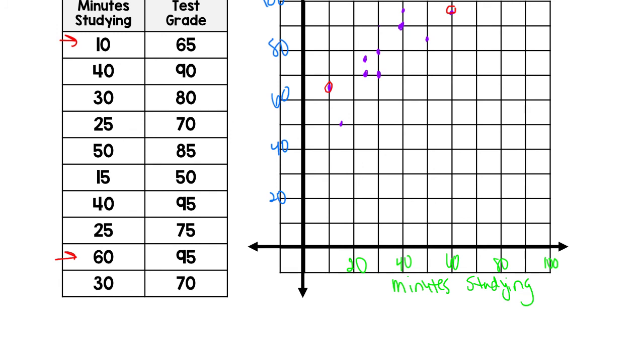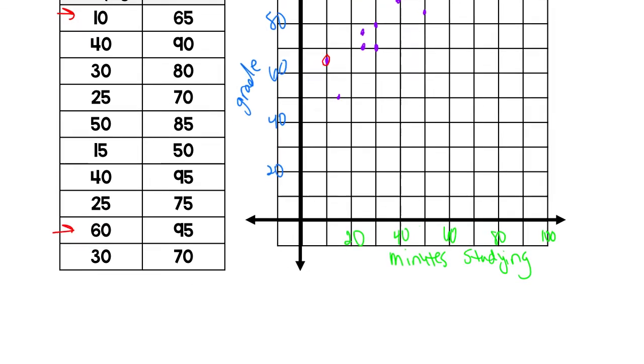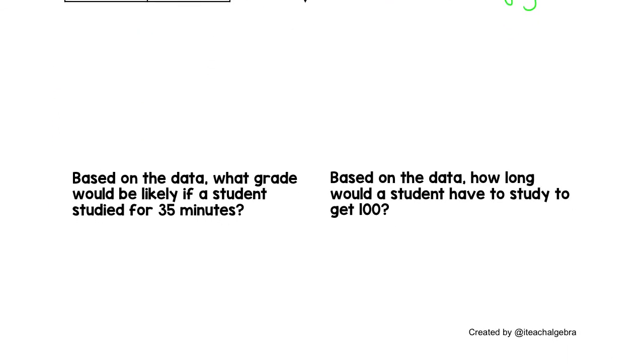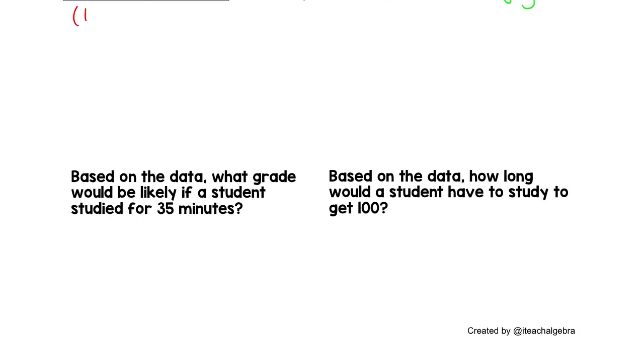And then on the y-axis, it's the grade. All right, now we can do it. So we're going to use those points, 10, 65, and 60, 95. I'm going to write those down real quick. We're going to use those 2 points to find the slope.